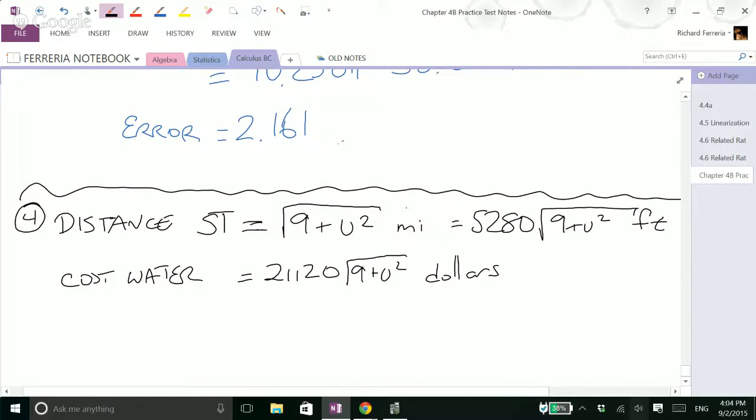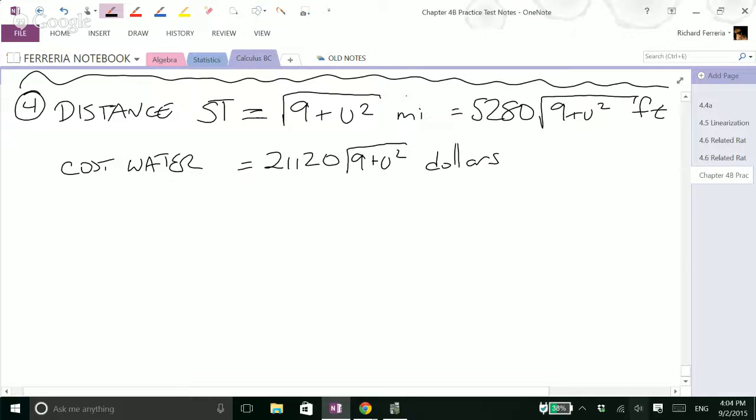Okay, let's move on. How much is it going to cost over land? This will be a lot easier. What's the distance over land, which is V? Give me V in terms of U. U plus V plus Y. Getting there. Yeah. Perfect.